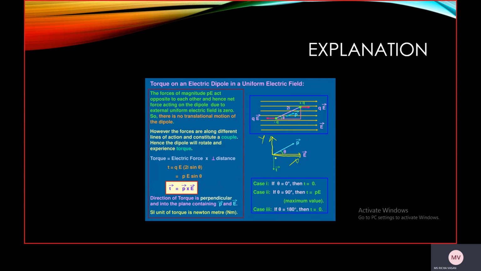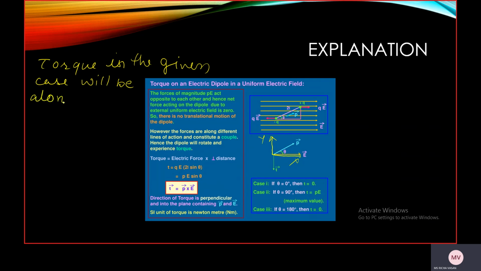So we have come to a conclusion that torque in the given case will be along the Z axis. Now whether it will be upwards, coming towards you, or going away from you, that we have to see.